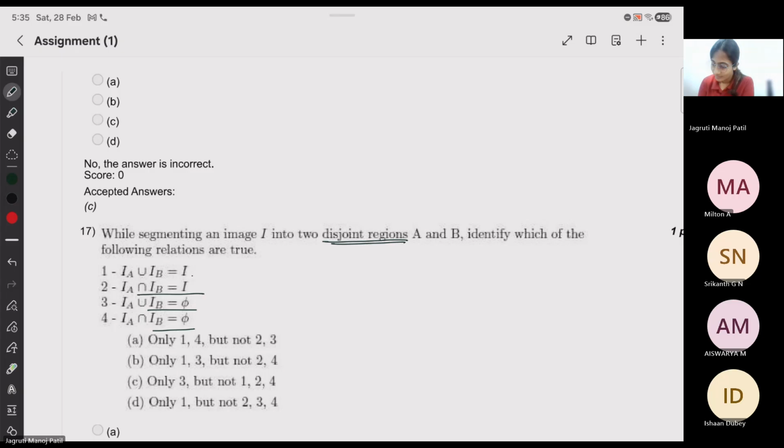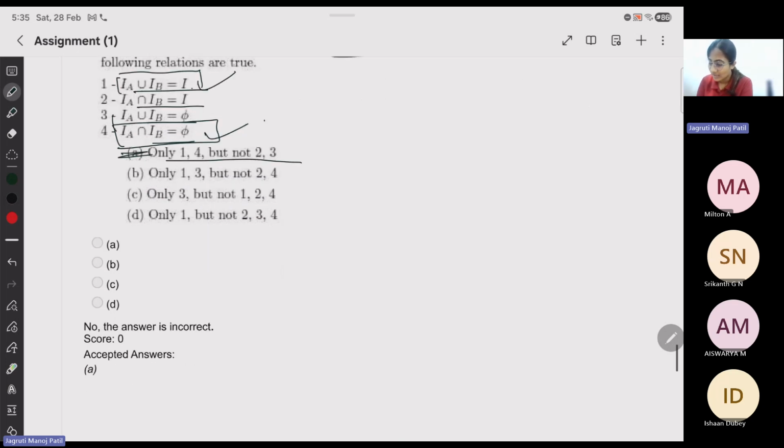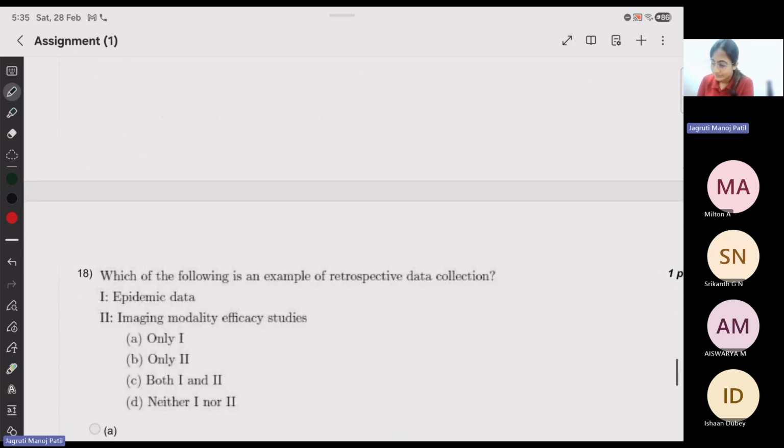Yes, 1 and 4, and not 2 and 3. If you take the union of both regions, you'll get the entire image, and if you take the intersection of both of them, you'll get nothing, null, because they aren't intersecting at any point. They are mutually exclusive.